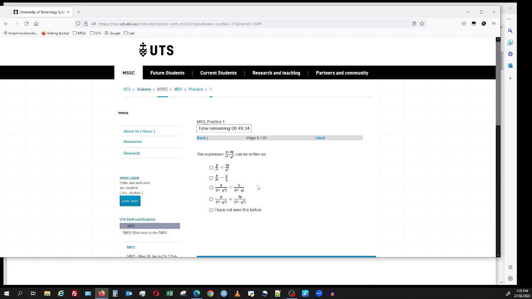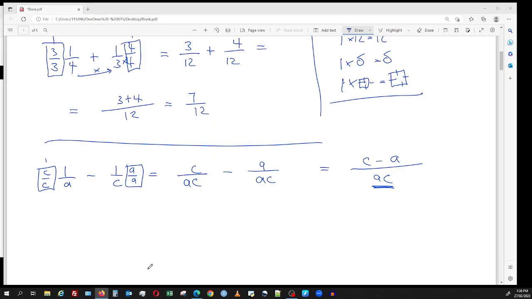This one's saying, is it possible to recognise this: p plus 2q over r squared minus q squared, and then p plus 2q over r squared minus q squared?